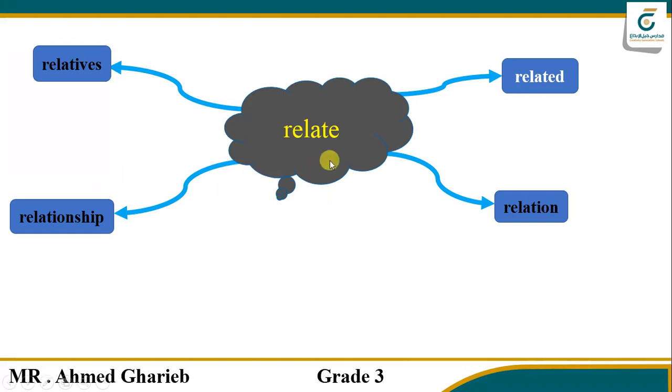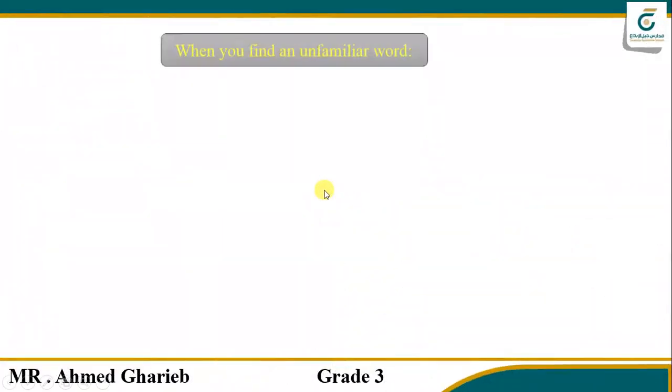So try to make a connection between the base word and branches, other words that come out from the stem, from the base word. So let's sum up what we said today.